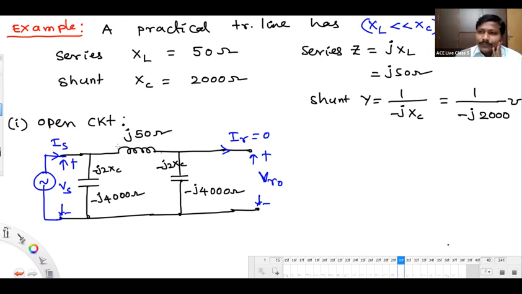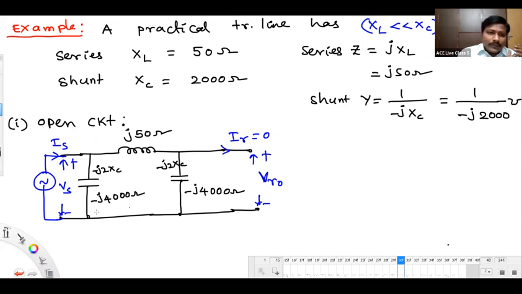How are these two connected? All of you, tell me please, how are j50 and minus j4000 connected? In series, because I don't have any other element above that, right? These two are in series. What is the resultant? Minus j3950, which is approximately minus j4000 only.